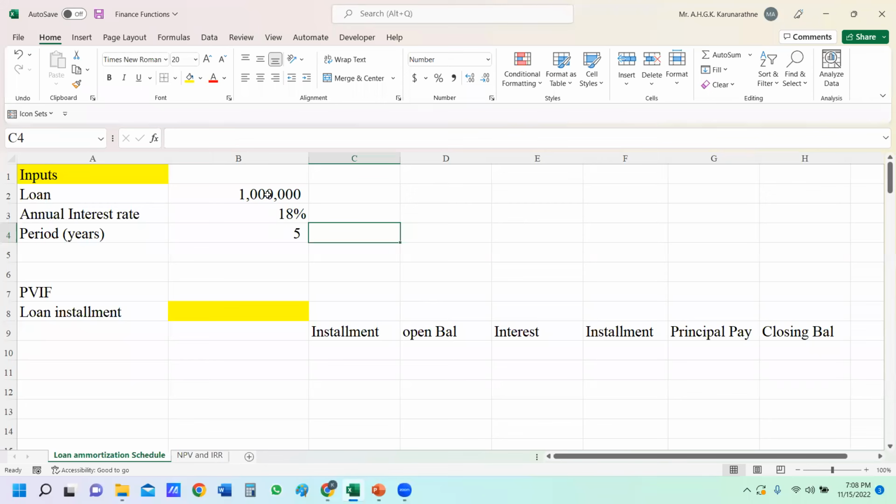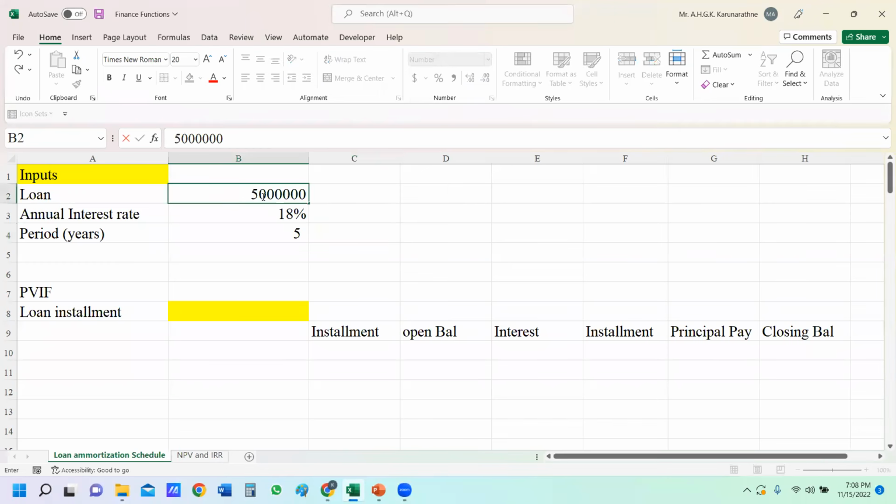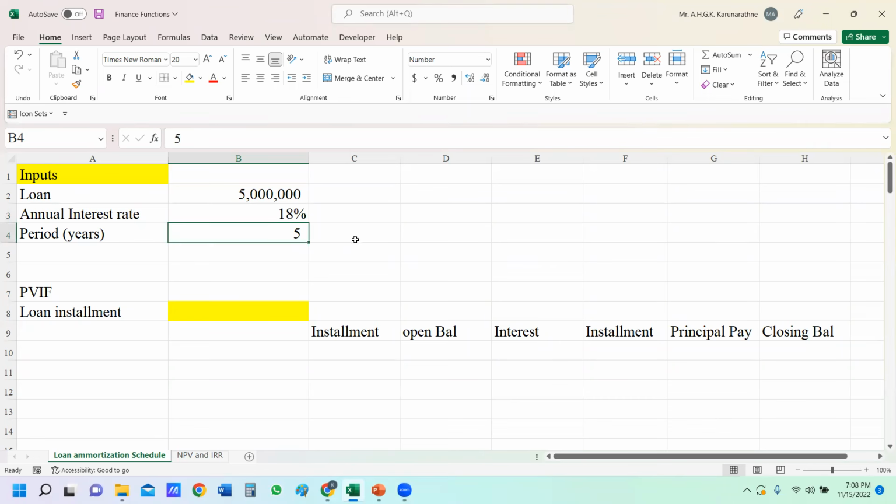So let's assume a simple scenario. The loan amount is 5 million, the interest rate is let's say 18%, the loan term is 5 years, and let's assume the loan is repaid on an annual basis. If you know how to do it on an annual basis, you can convert it into monthly basis.